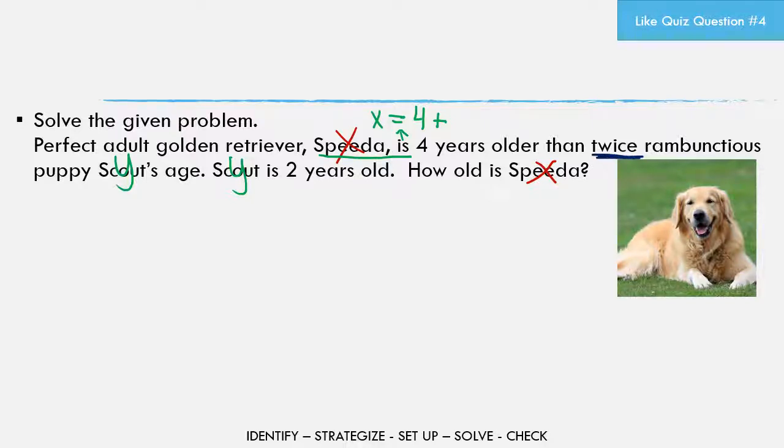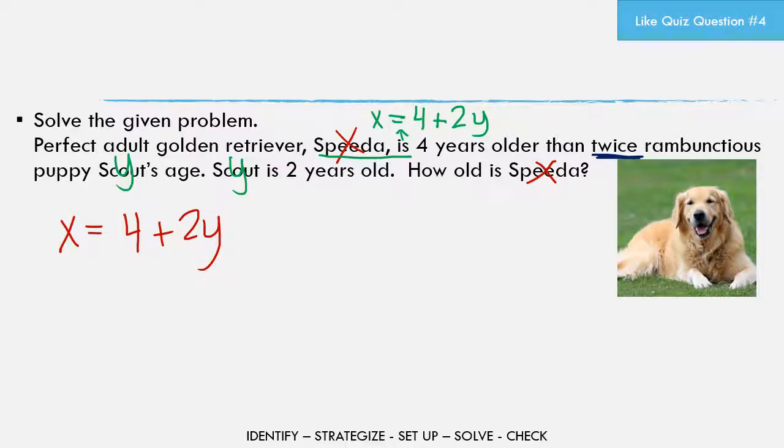Twice means 2 times our rambunctious puppy Scout, or 2y. So x is equal to 4 plus 2y.